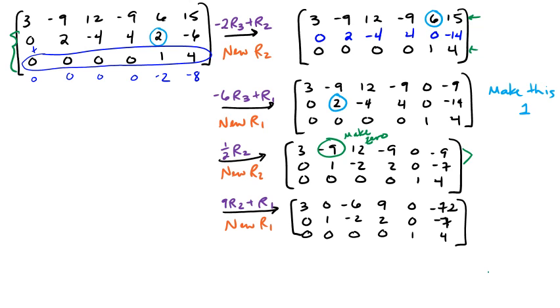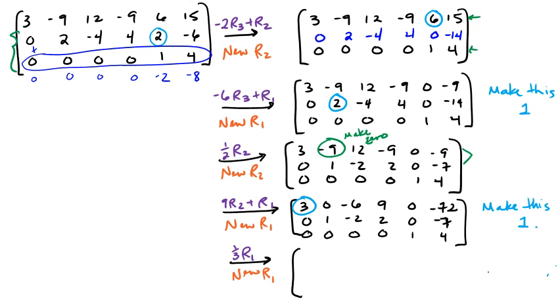All right. Now, what I want to do is make this pivot 1. The way I make that 1 is I take 1/3 times row 1, and this becomes my new row 1.